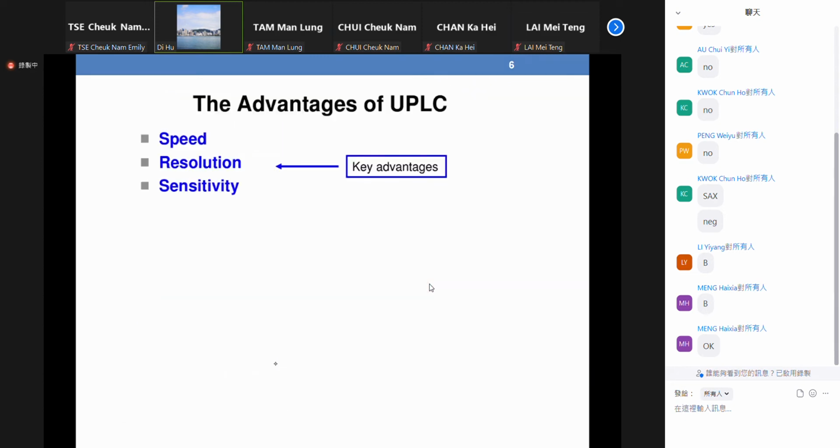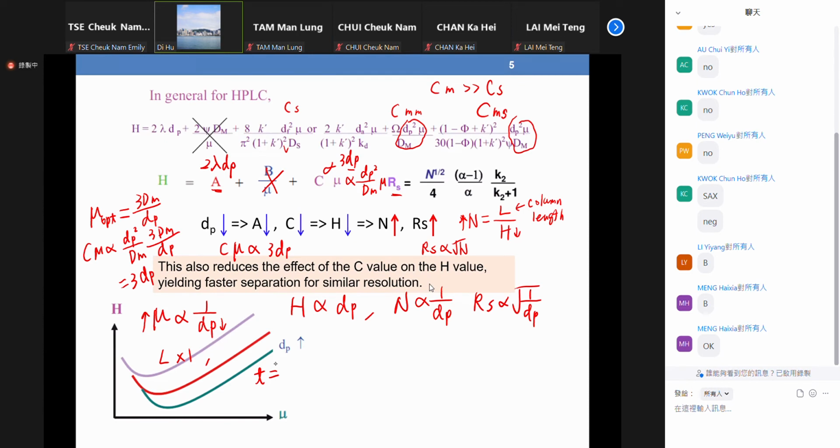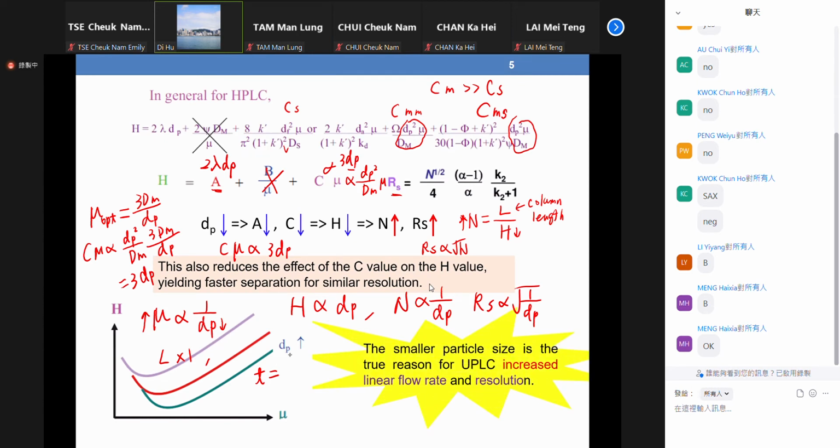Time for analysis means length divided by velocity, right? So if dp decreases, n increases, and mu increases, and then the time decreases.